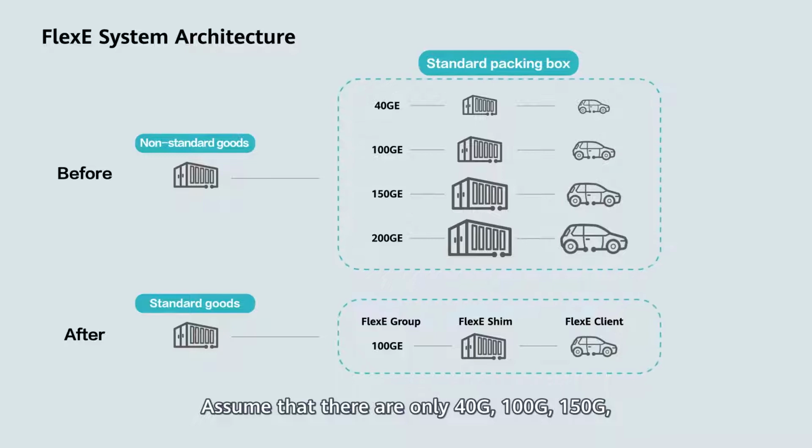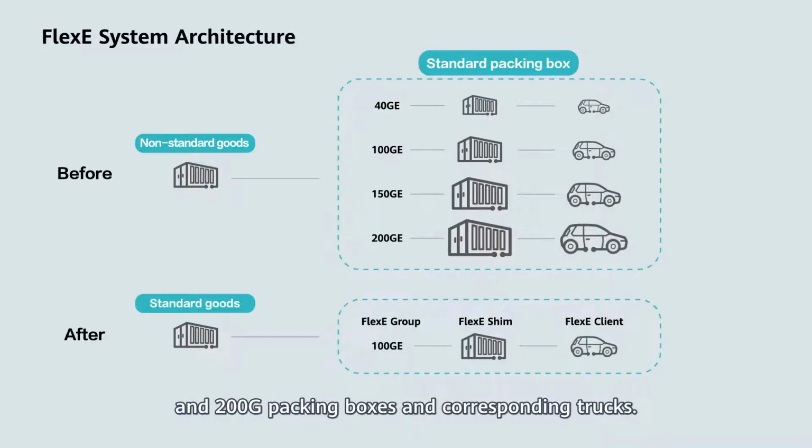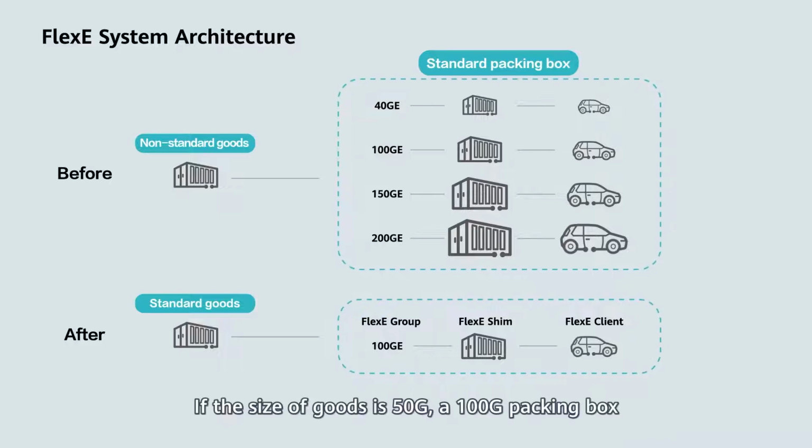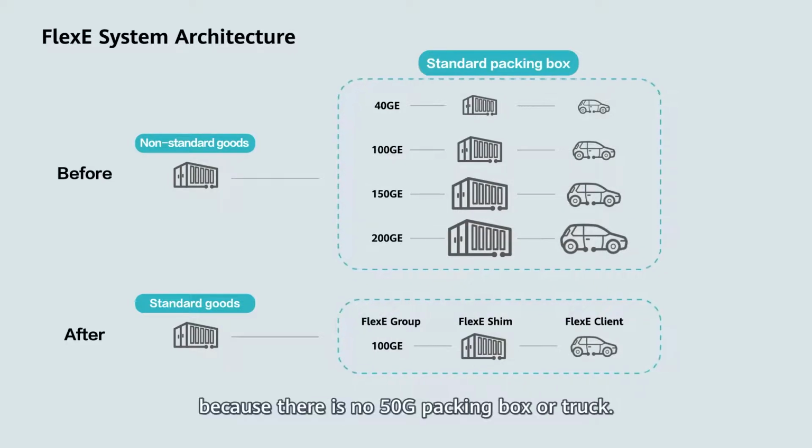Assume that there are only 40G, 100G, 150G, and 200G packing boxes and corresponding trucks. If the size of goods is 50G, the 100G packing box and the corresponding truck must be used because there is no 50G packing box or truck.